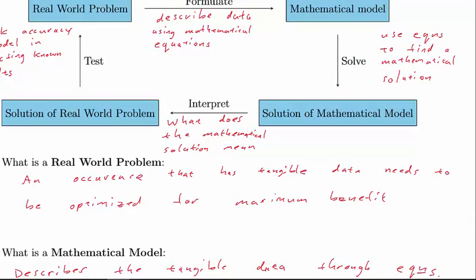Now the next thing is interpret. What does the mathematical solution mean? Mathematical solutions are great. You're trying to find the best solution, but if you don't think through what the mathematical solution means, you might have an actual terrible result. There is an old joke about accounting where an accountant will look at the books and discover the best way to maximize profits is to eliminate the payroll expense. That basically would mean firing all your employees so that you have less expenses.